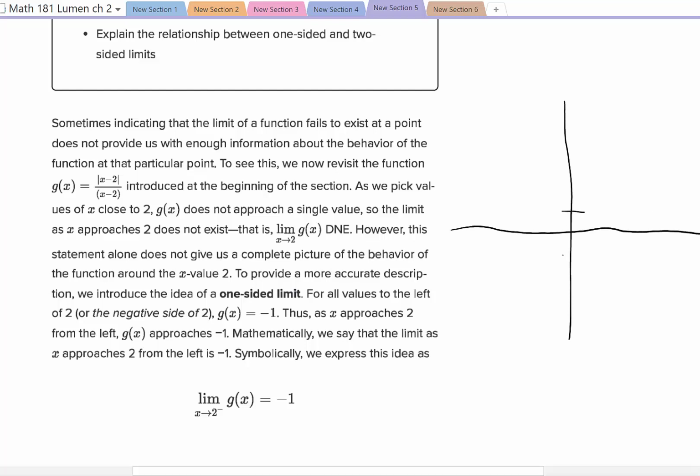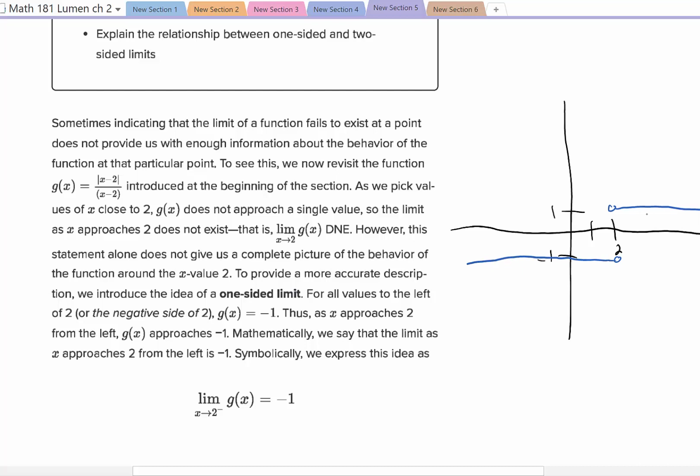Not great lines, but here we go. At 2 is where the change occurred, and it looked something like this. It was an open circle there, and it was an open circle there, and it went back that way.